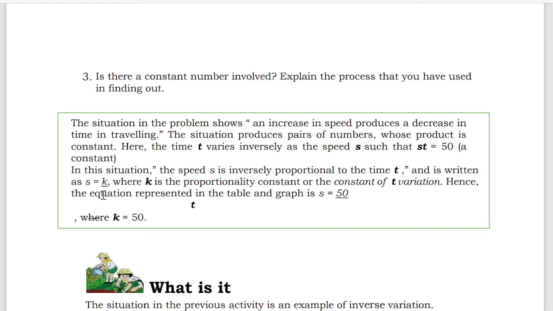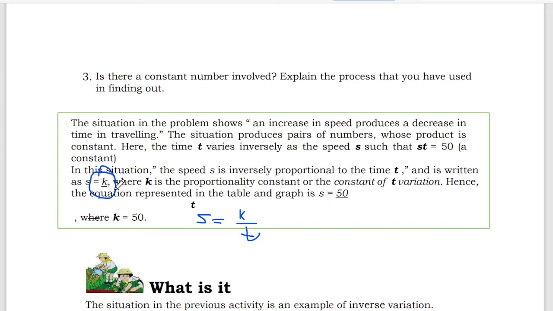It should be k over t, and the t should be here. This must be s equals k over t.